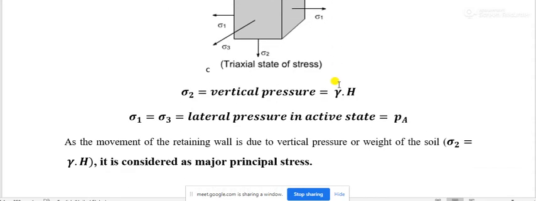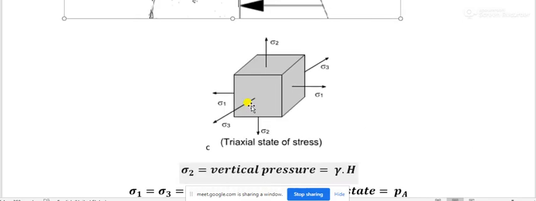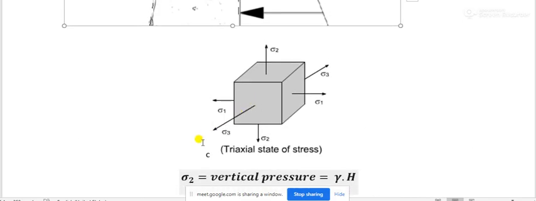And sigma 2 is nothing but gamma h. As this is the triaxial stress condition, sigma 1 and sigma 3 will both be there with the same value, because sigma 3 is also a lateral pressure and sigma 1 is the same lateral pressure, but in the other lateral direction.